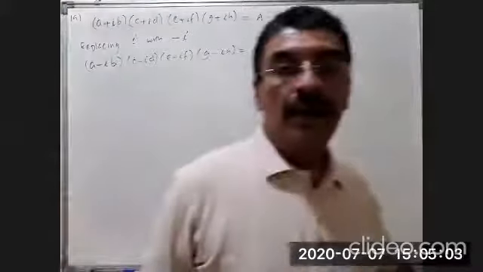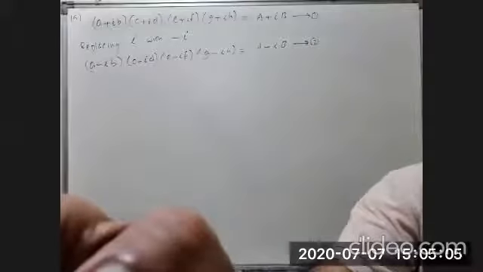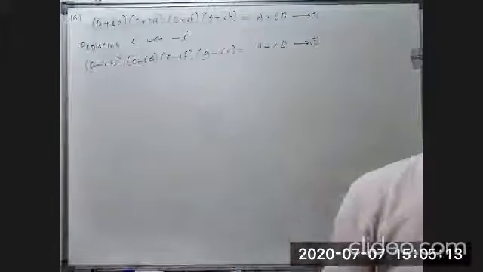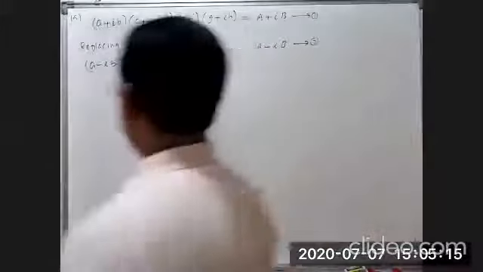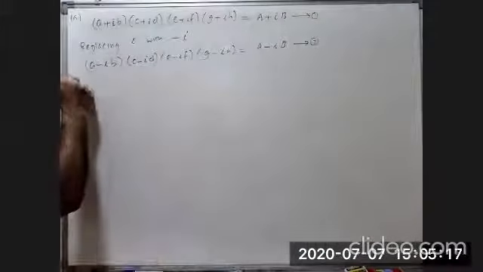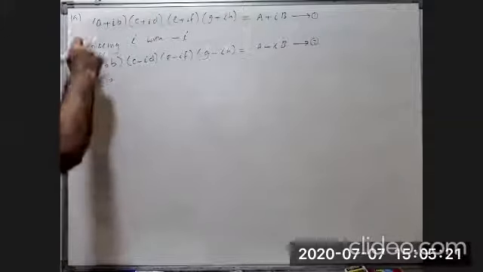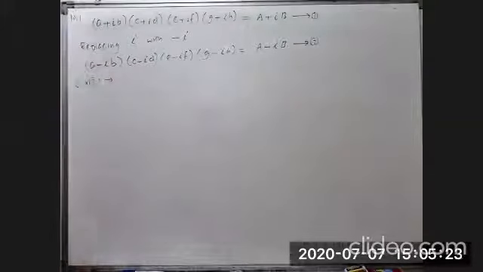Then, if a plus ib and a minus ib are known, to find a square plus b square, what do we do? Multiply equation 1 into 2.